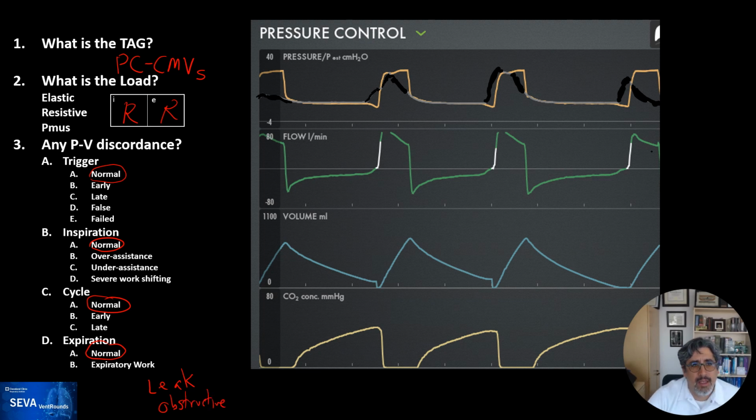And so if I walked by and I saw this waveform, I would likely say, you know, pretty severe obstruction on the patient with very severe resistive load, with a small leak that you may consider to deal with or not, and an obstructive pattern on your capnography.